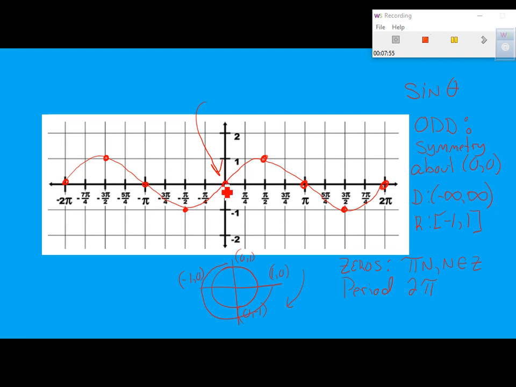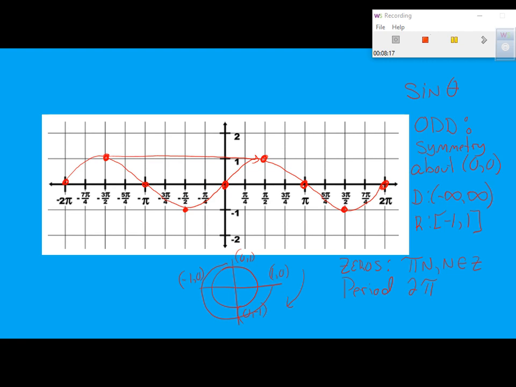The next time I'm in the middle, ready to run up a hill, is right here. So it took 2 pi units to get there. If you start here, the next time I'm level is right there, 2 pi units later. So there's some important information about the sine function.